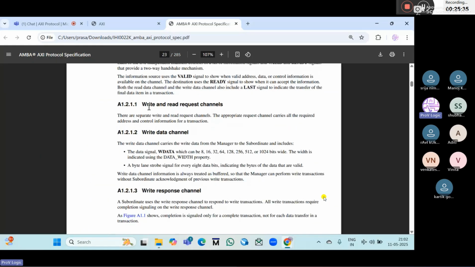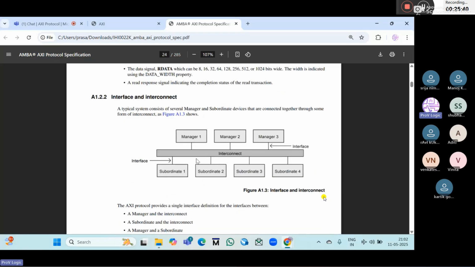See here: write and read request channel, write data channel, write response channel, read channel, what is meant by interface and what is meant by interconnect. Interconnect is nothing but where different masters and slaves are connected through a bus, the main bus. Interface is the signal going from the interconnect to the slave. That's what interface means.